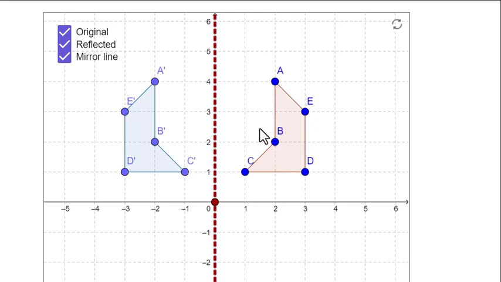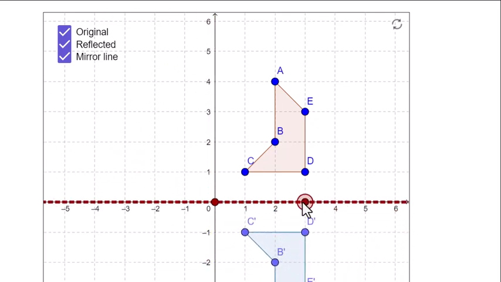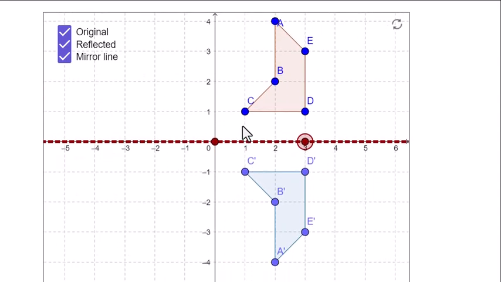Versus this point B was 2 units away from the y-axis, and the reflected point is also 2 units away, but in the opposite direction. And rather than reflecting across the y-axis, you can also reflect across the x-axis. You can kind of see that here. And again, the points are equally distant away from the line, with the original points and the reflected points just in the opposite direction.